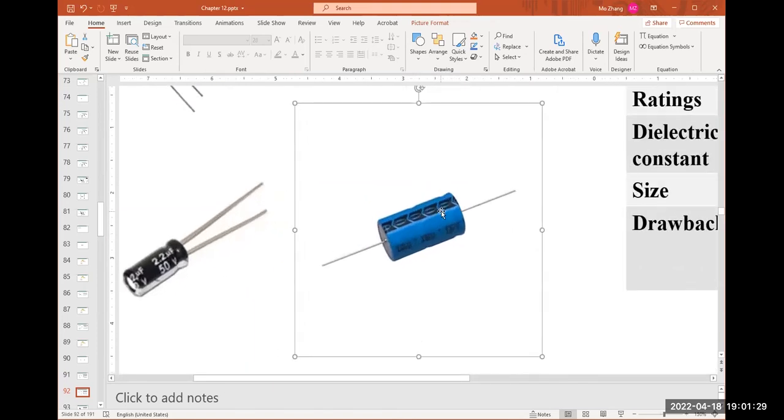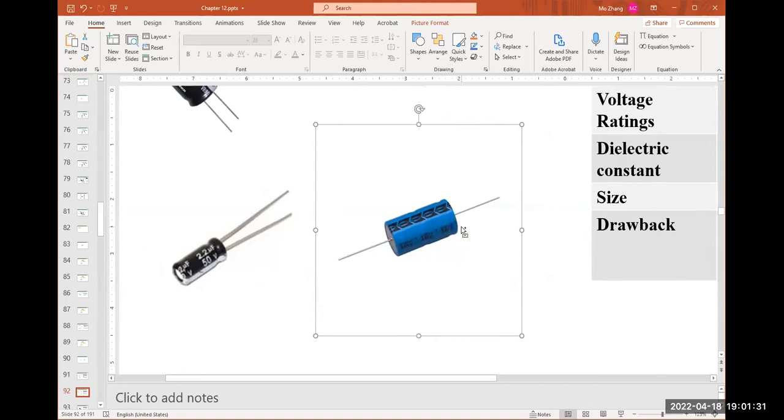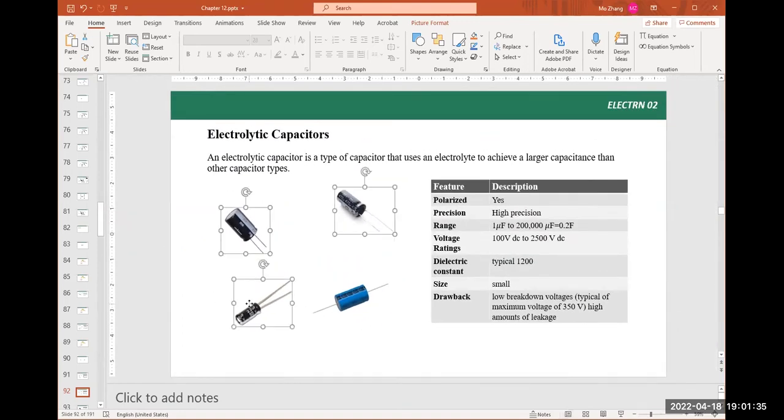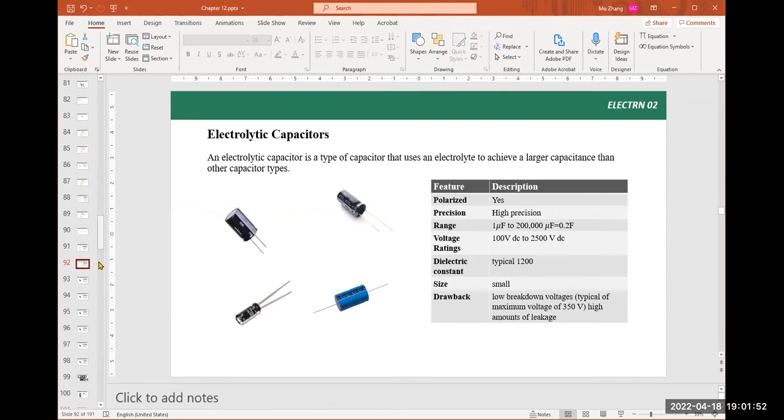So one wire, and the other wire on the other side. That's also pretty common, but those are more common than this. For certain wiring, we have to pick that. And for this, we just place this on top of the PCB board. But in terms of features, they are the same.